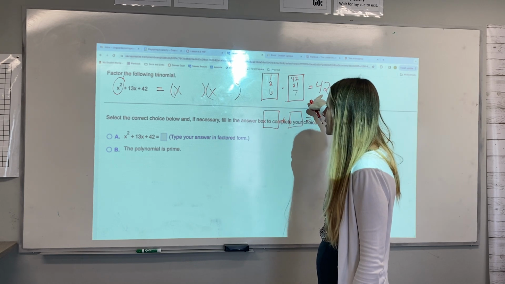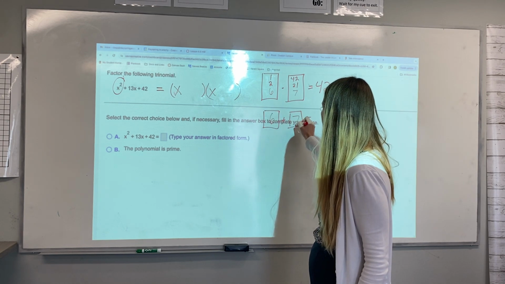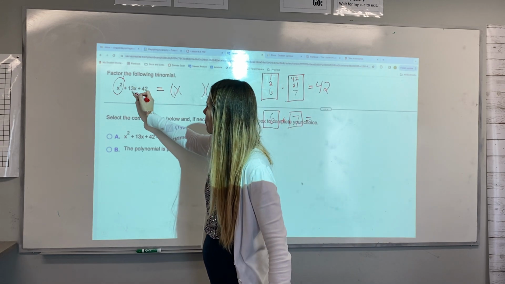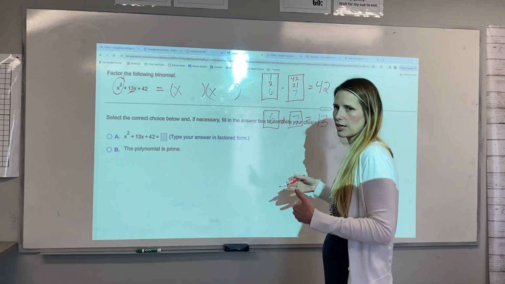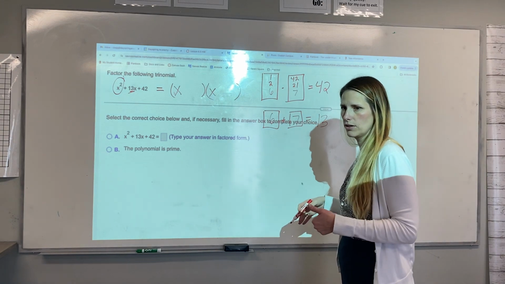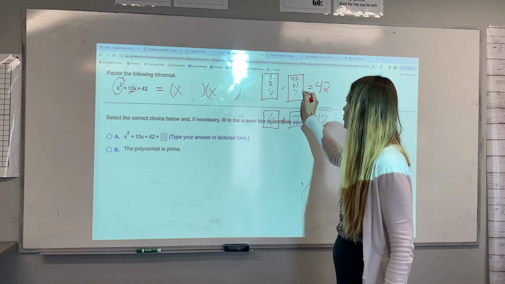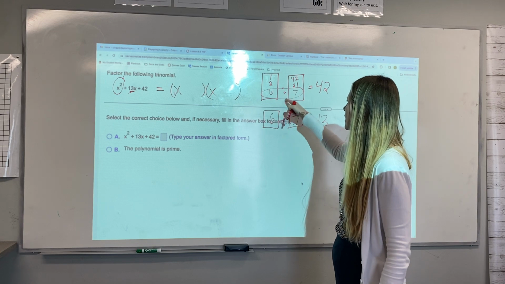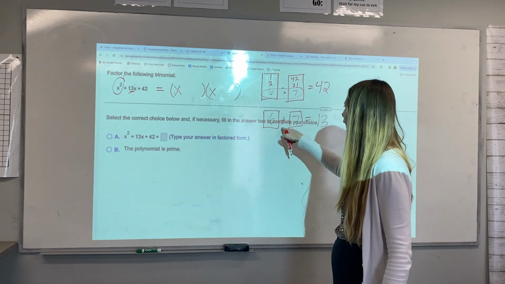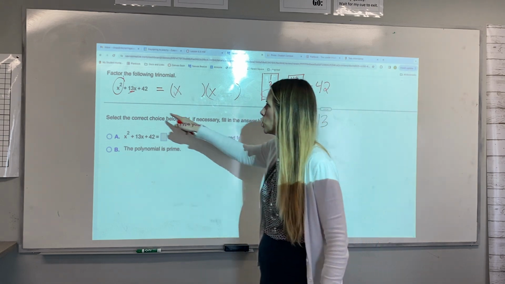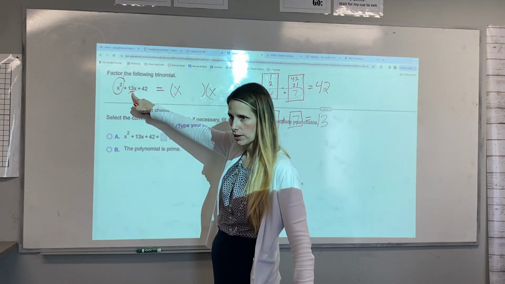And would you look at that? 6 plus 7 adds up to 13. That's the other thing that you have to test with your numbers. They have to multiply to get 42, your third term. They have to add to get your middle number.